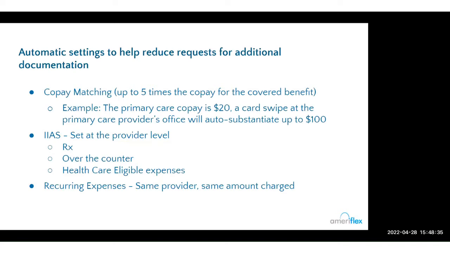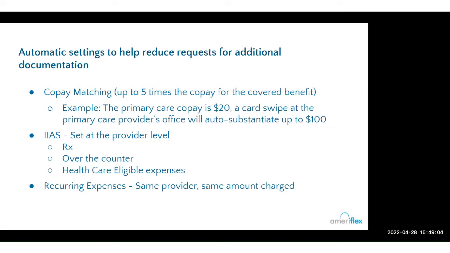And just to add some perspective to how the plans are set up, the plans at Ameriflex and their structure match our new copay structure with our medical insurance plans. As of April 1st, all of our medical benefits are no longer co-insurance for primary care and specialist office visits.